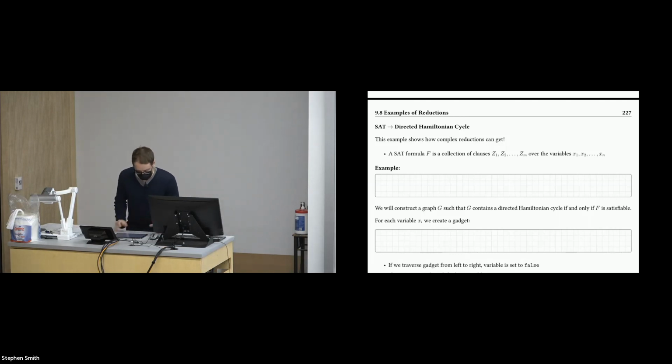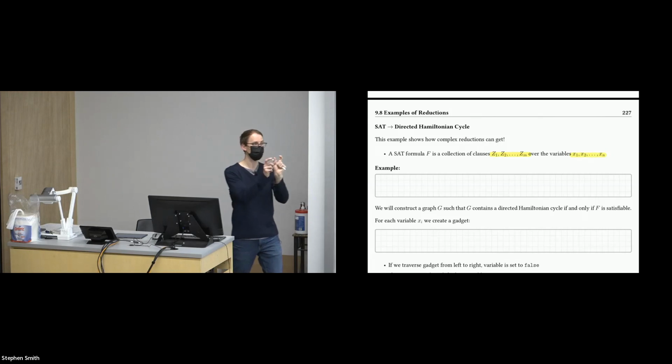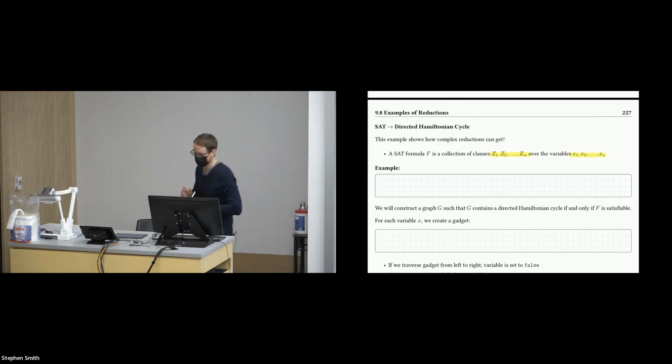So first of all, what's a SAT formula? We already talked about it, but it has a set of clauses. I'm going to call the clauses Z1 through Zm, and the variables are X1 through Xn. Let's say our SAT formula is in conjunctive normal form. So we have an AND between each clause, and within the clauses we have ORs, right? There are variables or their negation in each clause, and it's all ORs between them.